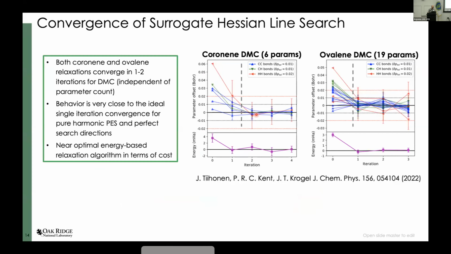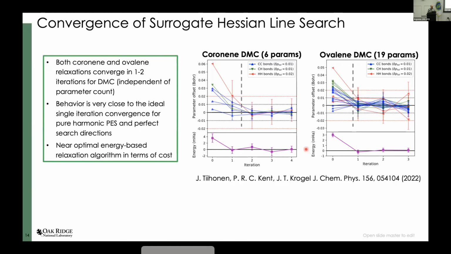But within an iteration or 2, you're there. And same thing for the total energy. It decreases within a millihartree and then fluctuates around. That's very near the ideal behavior that you would have even in a noiseless case with slight anharmonicity, and you have the exact conjugate directions.